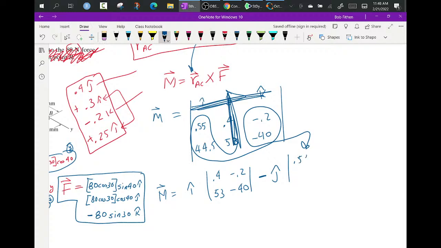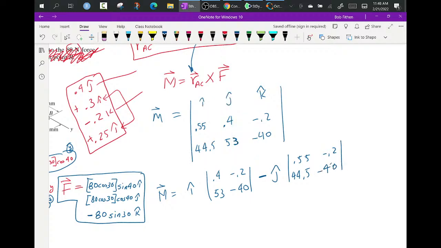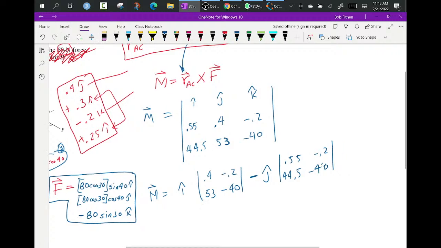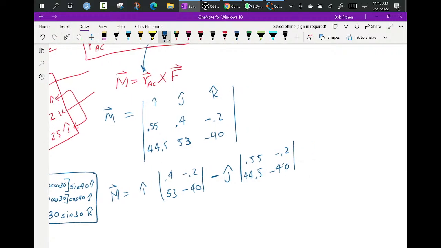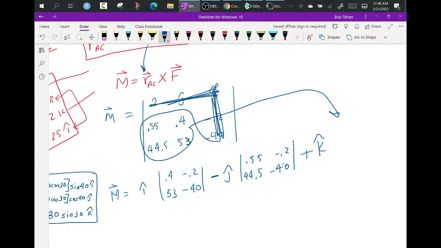So I've got 0.55, 44.5, minus 0.2, and minus 40. Now if I want to do the K as well, I X this out, I X this one out, and then I take this and write it right there: 0.55, 0.4, 44.5, and 53.